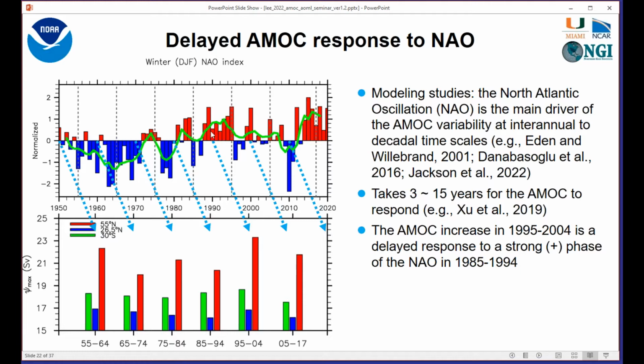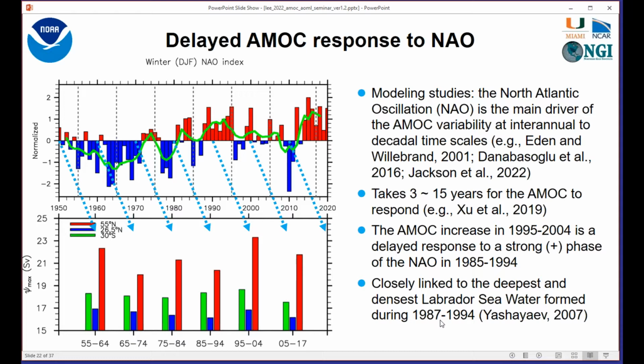After, let's say, 10 years later, you have a large signal in MOC. So MOC increases here. And if you look at other periods, it's more or less representing the delayed signal of the NAO. You see that right here.